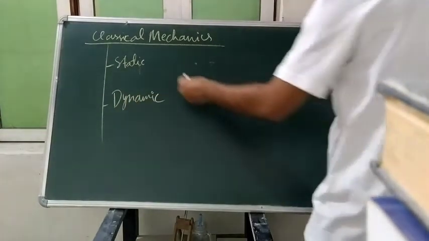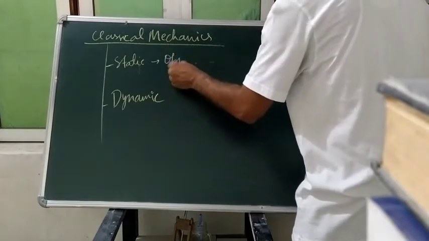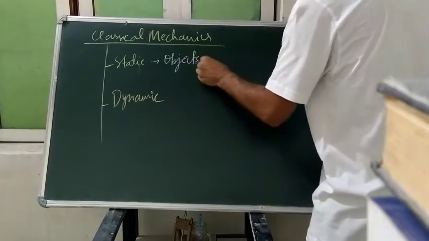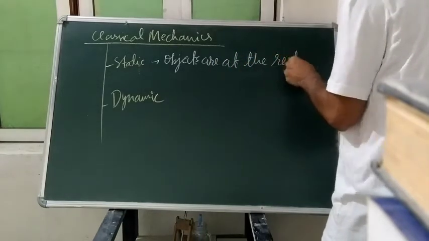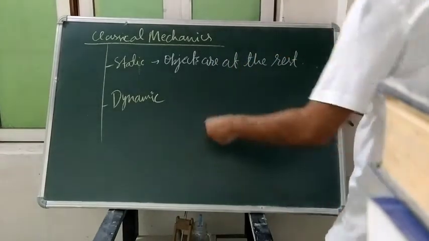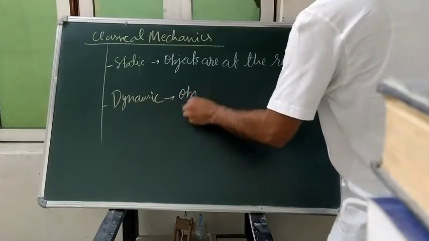Static means objects are at rest. Dynamic, objects are moving.